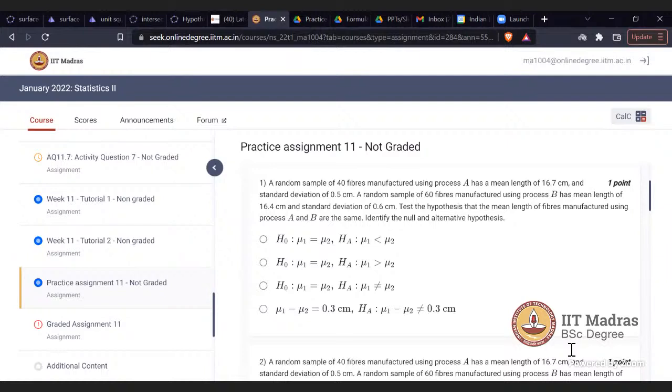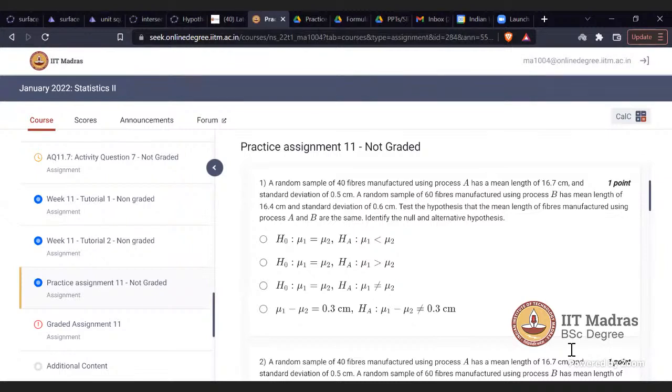But why can we not use the chi-square test? Because the chi-square test is for testing of variance, correct? Here we have to test the mean, test the hypothesis that the mean length of fibers. So for mean, you have just two tests, that is T test and Z test.